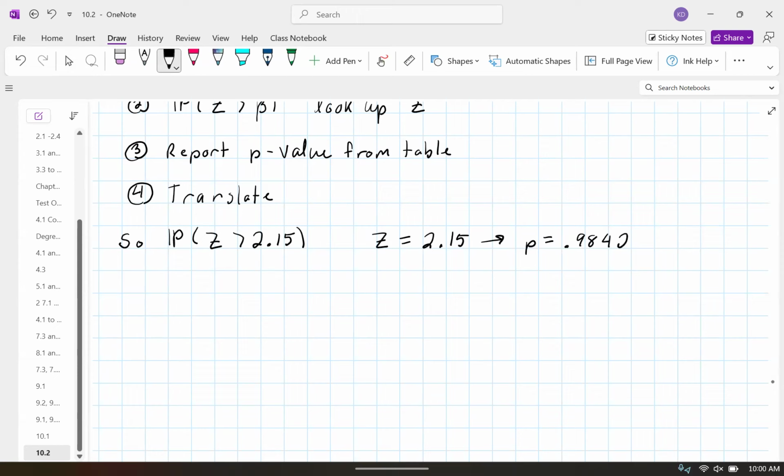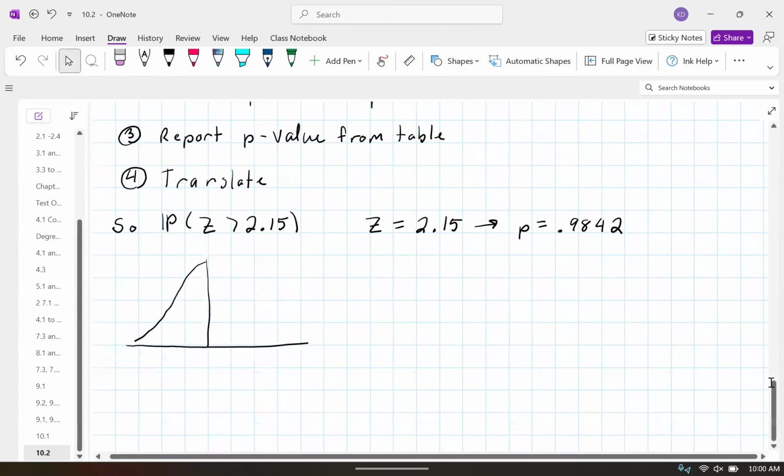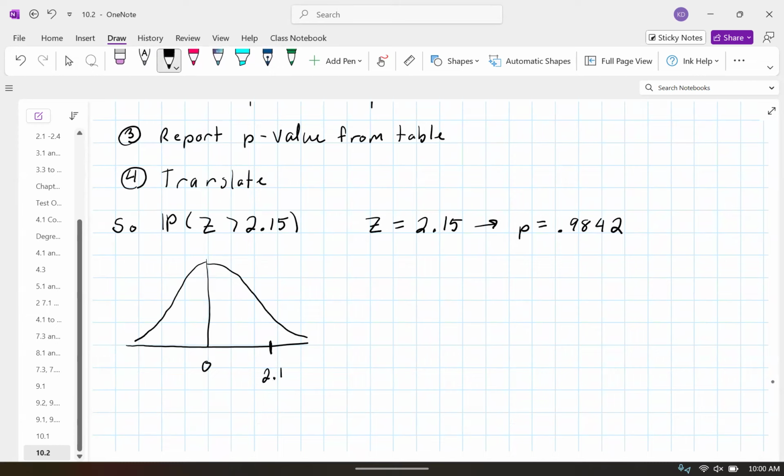Okay, so the value from our chart was 0.9842. Oh yeah, I get to draw this again. So we know this is our z value here, so this is a z value of 0. Do you remember what portion of this graph the chart gives us? Does it give us the left side or the right side?